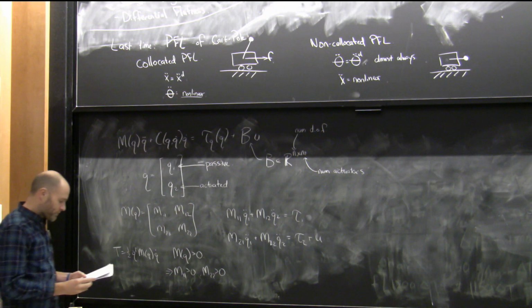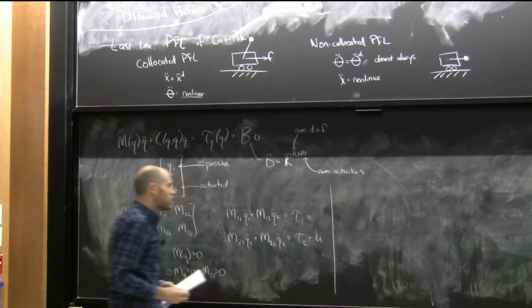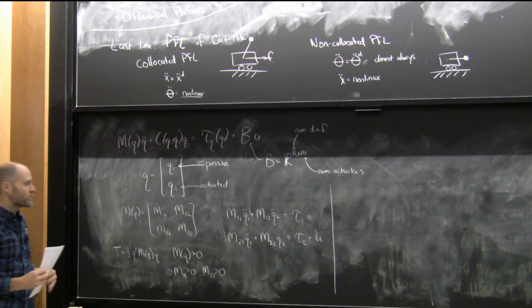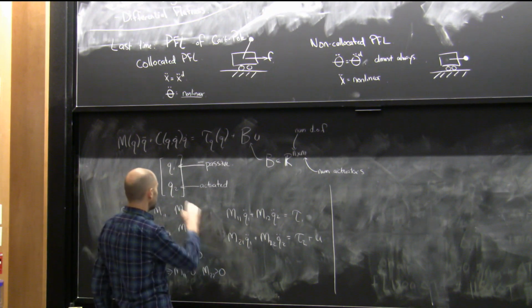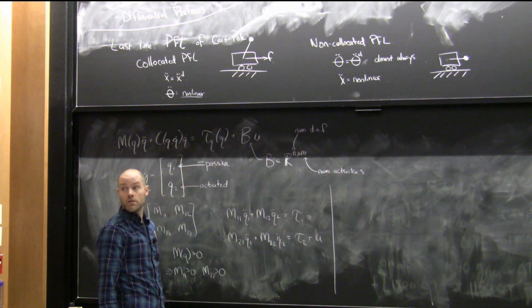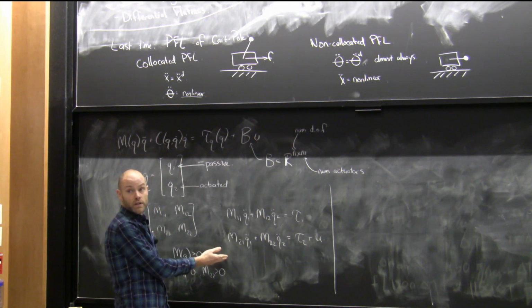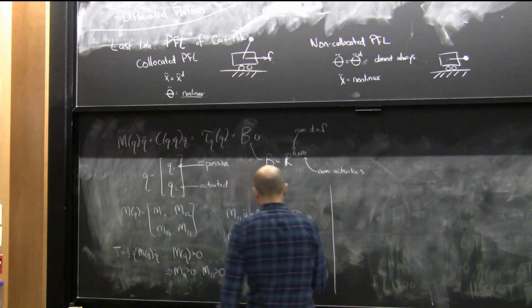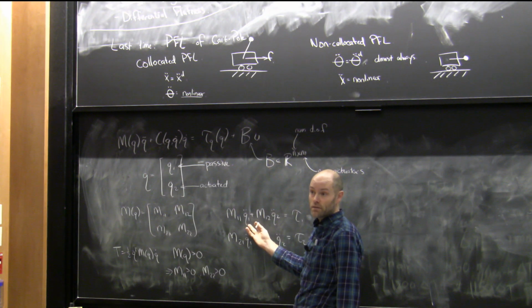Okay, so now in this more general form, we can think, what does co-located partial feedback linearization mean? It means I'd like to control Q2 double dot using U, right? And I can write that in its full glory here for any manipulator pretty easily. The way I do that is I have to solve away Q1 double dot, get rid of that.